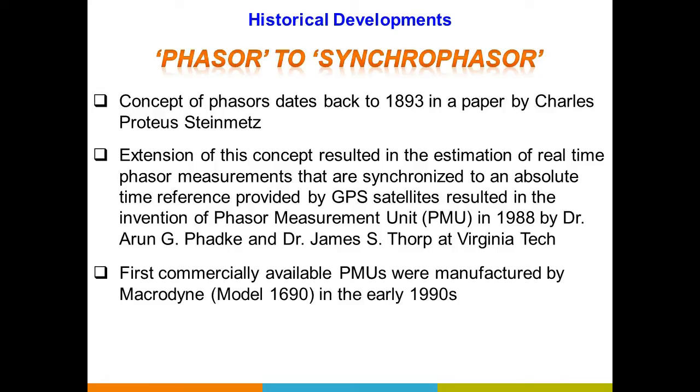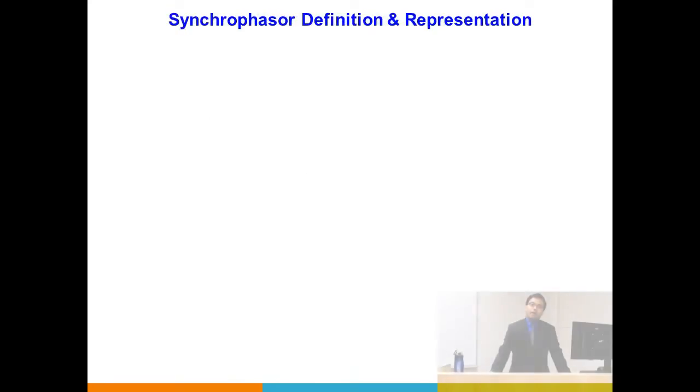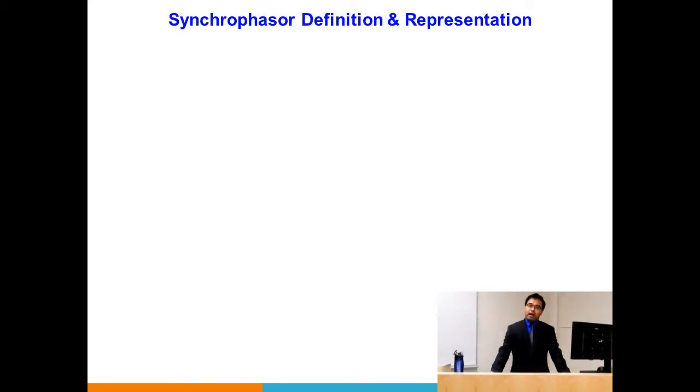The first commercially available PMUs were manufactured by Macrodyne, back in the early 1990s. As of July 2014, more than 1300 PMUs have been deployed in the US, and the journey is still on.